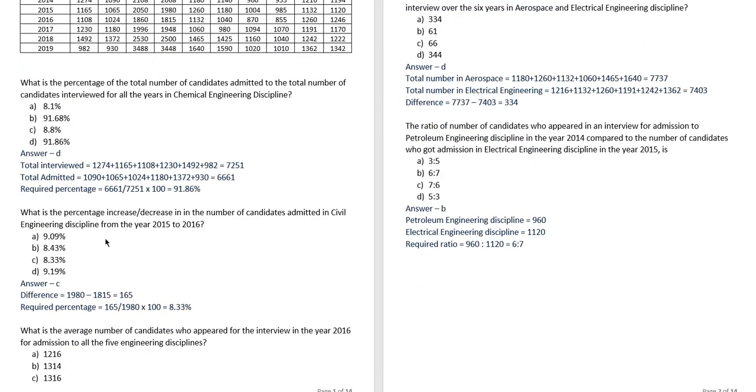Come to the next question. What is the percentage increase or decrease in the number of candidates admitted in the civil engineering discipline from the year 2015 to 2016?